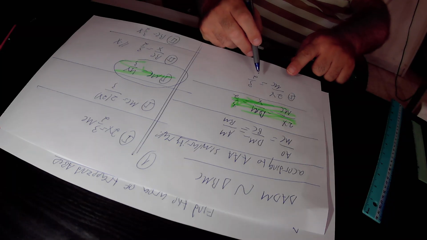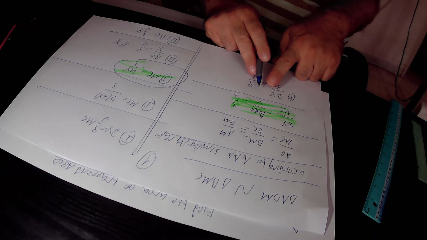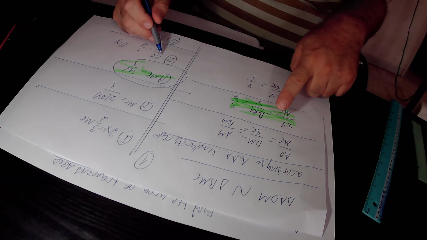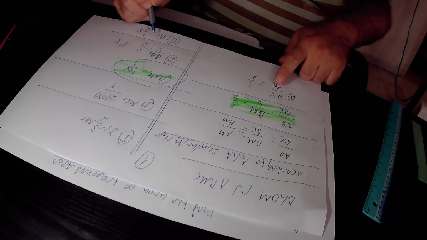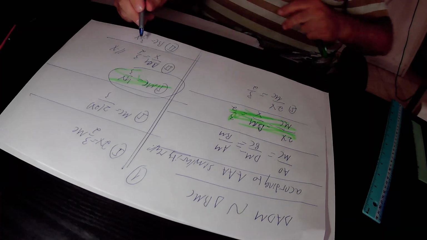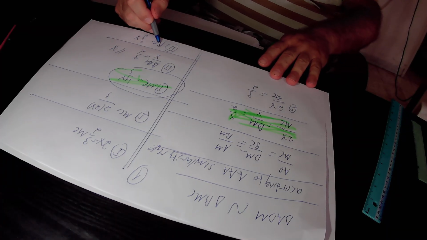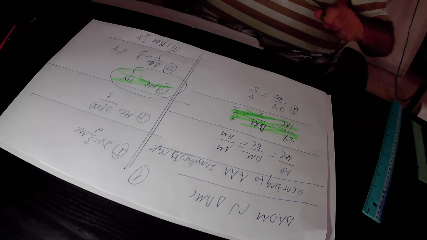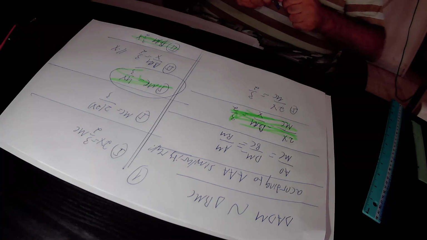So according to the second equation, we get that DM over x equals 3 halves. Here we multiply equation 2 by x, and we find that DM equals 3 halves times x.